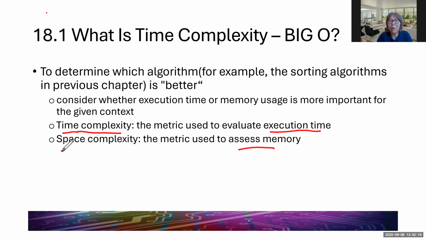Then that's the space complexity. So when we determine which algorithm is better, we consider either the execution time or memory usage. It depends on the situation. But in this chapter, we are going to discuss time.